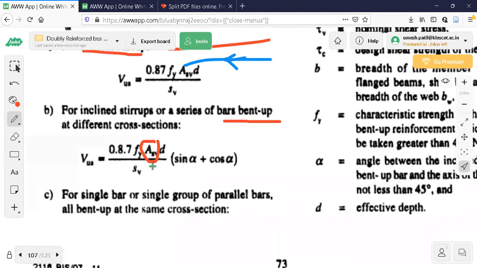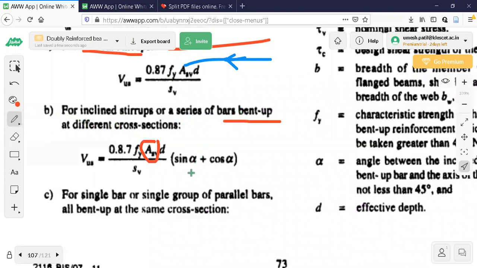If the main bar is bent up, that time what will happen? This is the cross-sectional area of the main bar. So this formula is used commonly for inclined stirrups or bent up bars both, for a series of bent up bars.